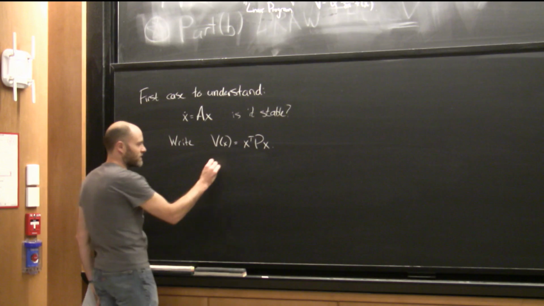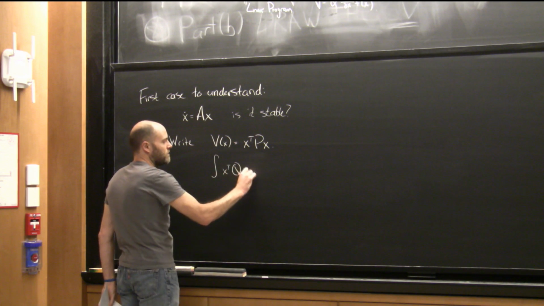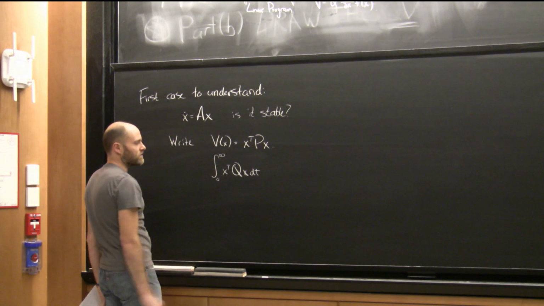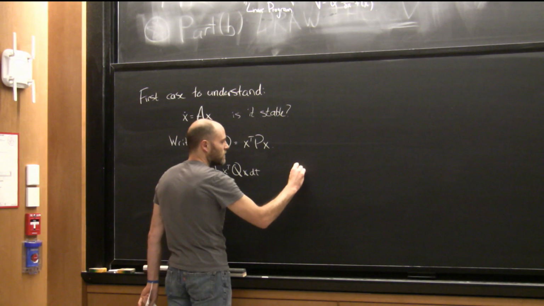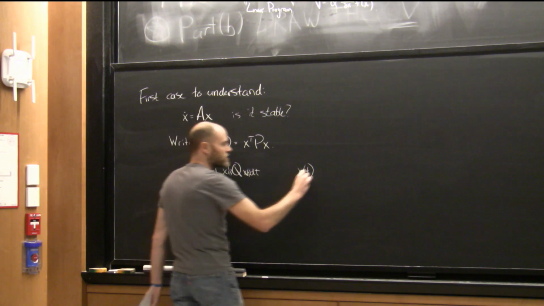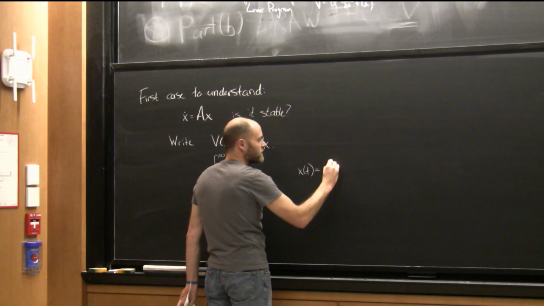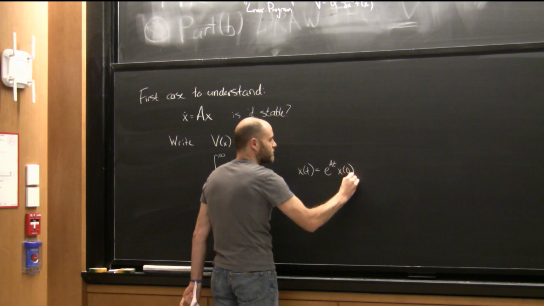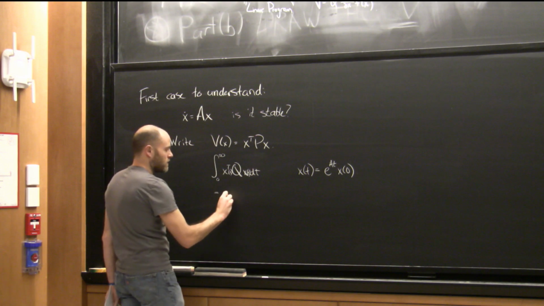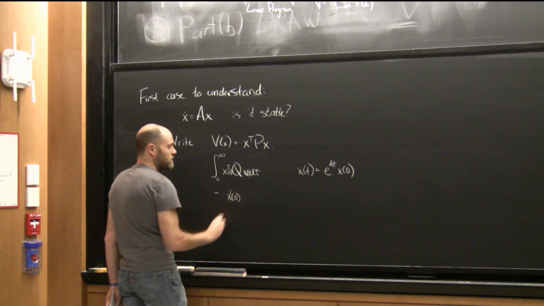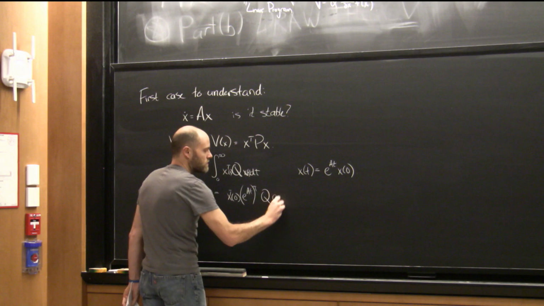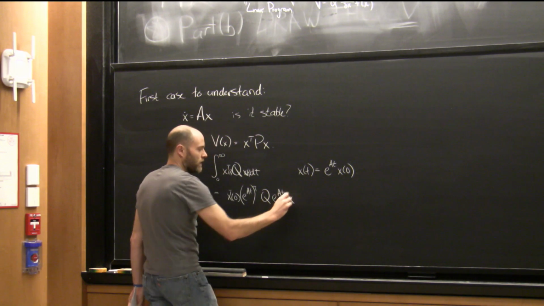So imagine, in the cost-to-go case, I want to evaluate something like this for some positive q. Well, the solution x of t for a linear system looks like e to the At x0, right? So if I want to understand the integral of this, I could write this as x0 transpose, e to the A transpose t, q, e to the At, x0.